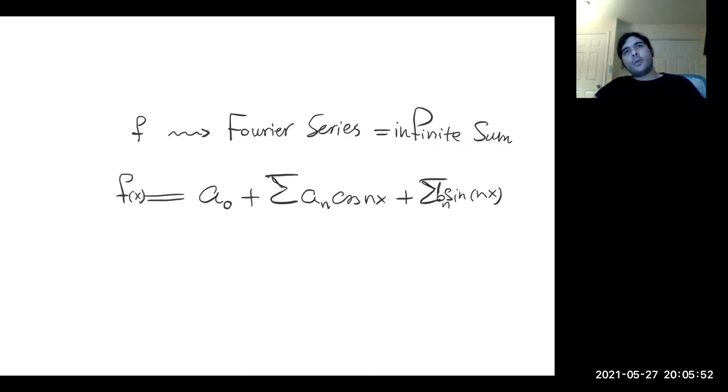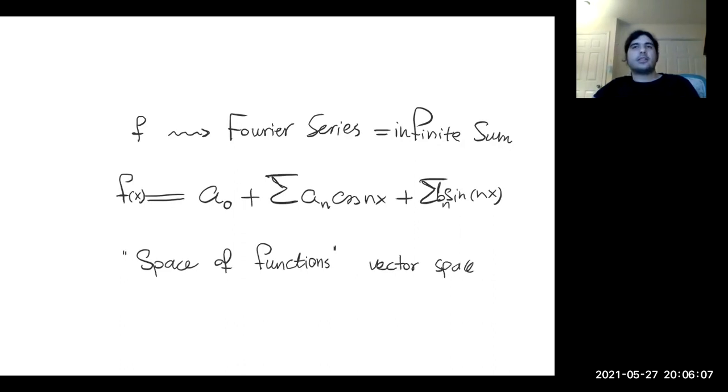You see, we can think about the space of functions as a vector space. When we have two functions, we can add them, and we can multiply a function by a scalar, a real number.